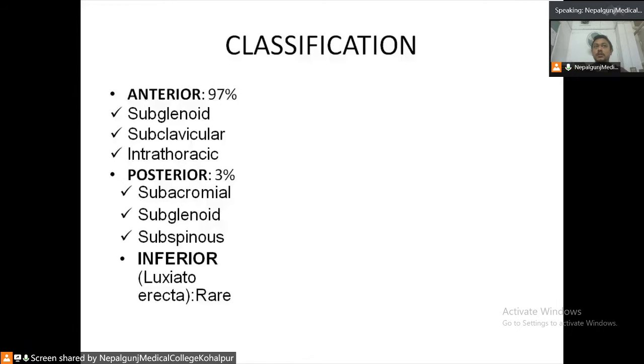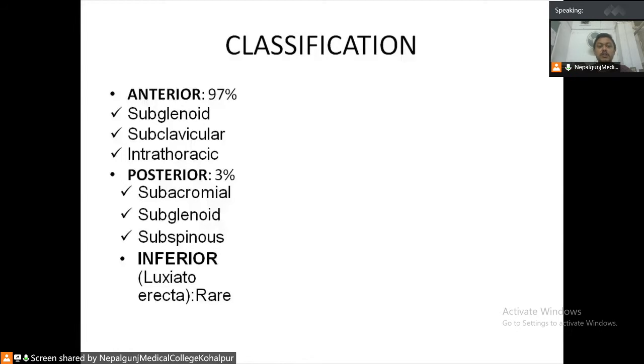In the shoulder the commoner one is anterior dislocation, in the elbow it is posterior, and in the wrist it is again anterior. So it becomes anterior, posterior, and anterior again. For the lower limb, the hip has a posterior dislocation, the commoner one in the knee is anterior dislocation, and the ankle is a posterior dislocation.